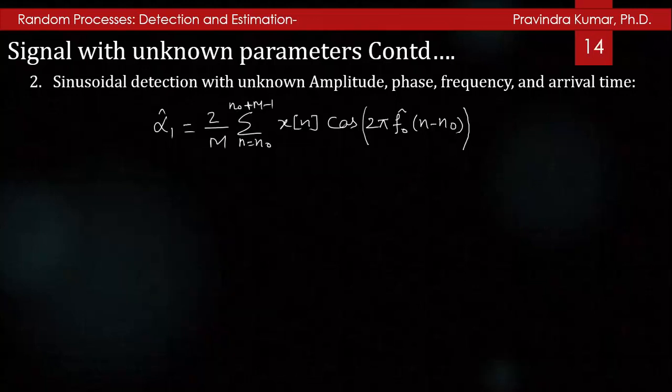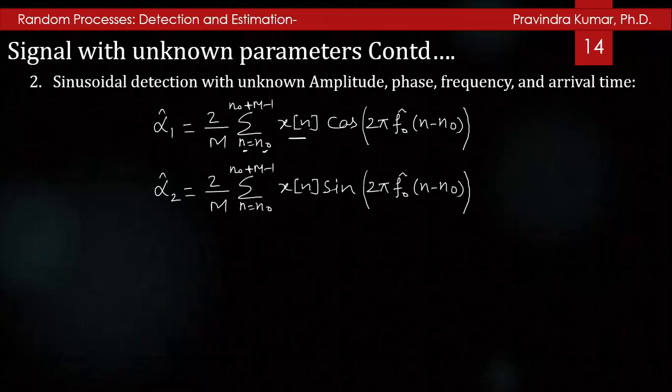Here α1 cap is equal to 2 by M times the summation from n = n0 to n0 + M − 1 of x[n] s[n], where s[n] is cos 2π f0 cap (n − n0), and α2 cap is 2 by M times the summation from n = n0 to n0 + M − 1 of x[n] sin 2π f0 cap (n − n0). So here f0 cap is the frequency at which the periodogram I(f0) attains its maximum with a known n0.